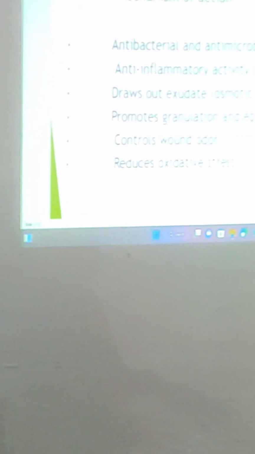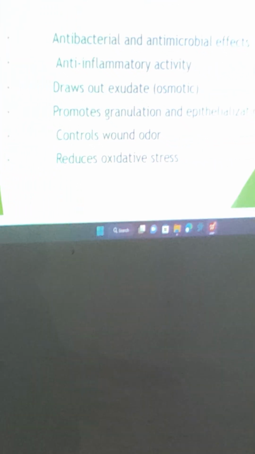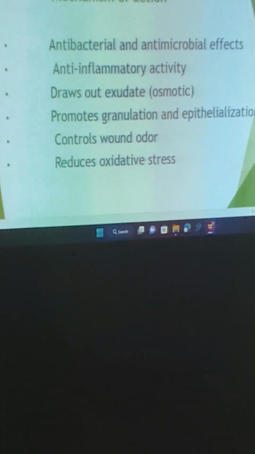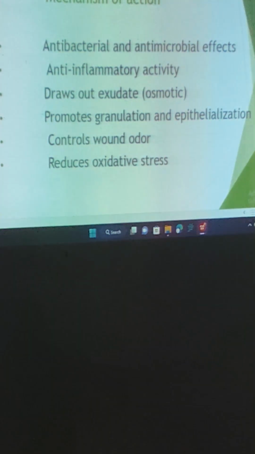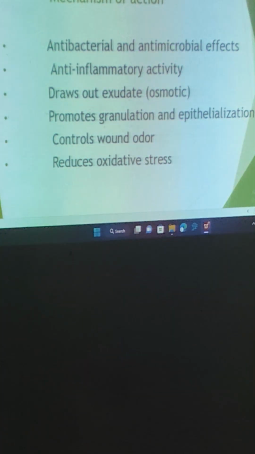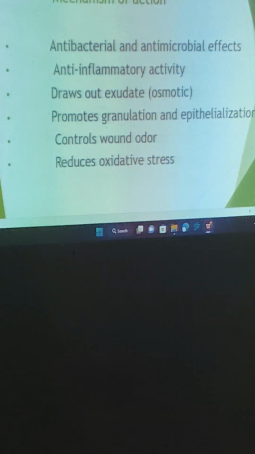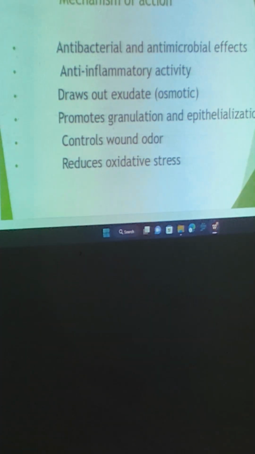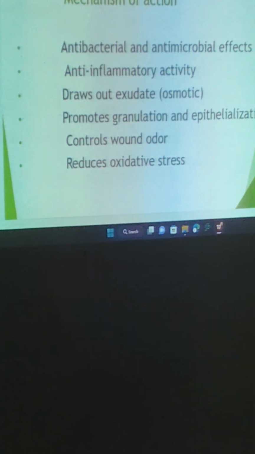Honey helps to immobilize bacteria on the surface, thereby killing them and reducing inflammation. It is the presence of bacteria that causes inflammation. When these bacteria are killed, inflammatory activity will reduce.